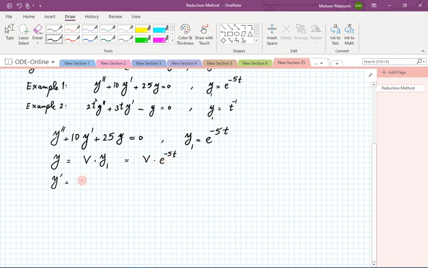So to apply the derivative rule, derivative of the first times the second plus the first times the derivative of the second. Derivative of this, we need the chain rule. Derivative of the exponent is minus 5, and then exponential of minus 5t.